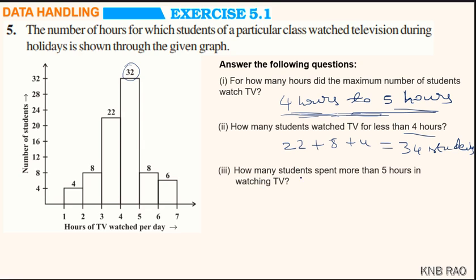Next, last question. How many students spent more than 5 hours watching TV? More than 5 hours, this 8 plus 6, which is 14 students, have spent their time per day in front of the TV more than 5 hours.